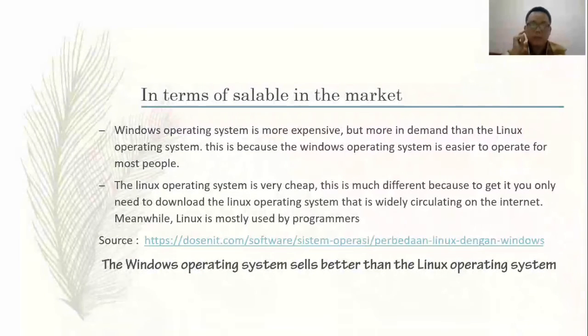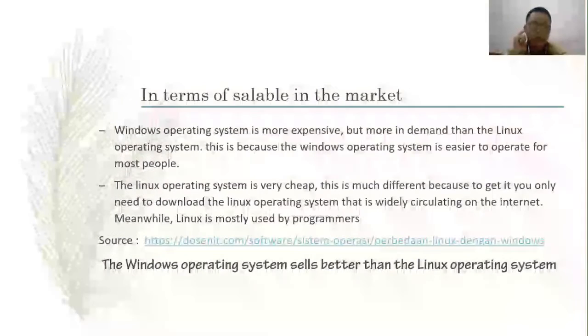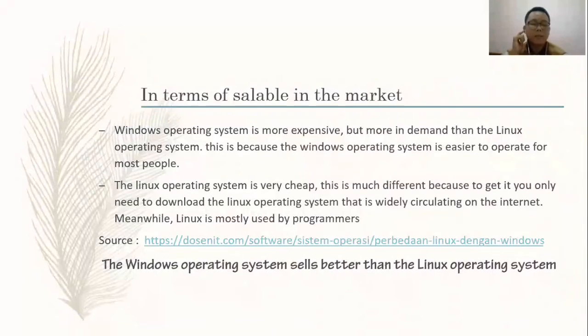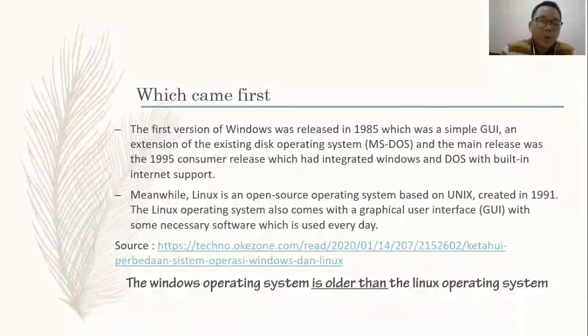This is much different because to get it, you only need to download the Linux operating system that is widely circulated on the internet. Meanwhile, Linux is mostly used by programmers, so the Windows operating system sells better than the Linux operating system.